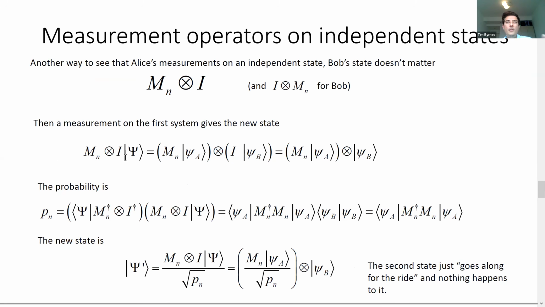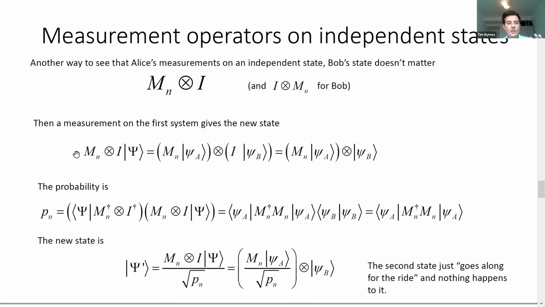Maybe in this slide I tried to introduce too many things at once. So the first point that I want to make here is that in the case that Bob doesn't do a measurement, this is what the measurement operator would look like. Okay, so that's basically the first point.